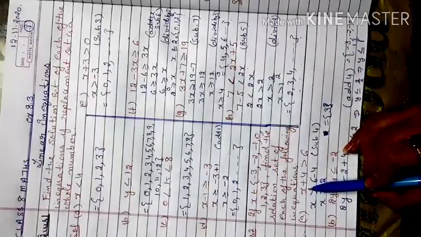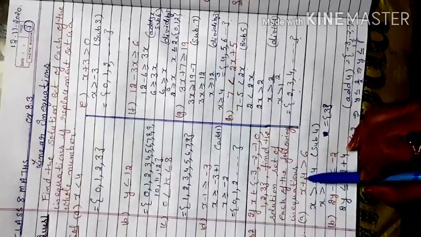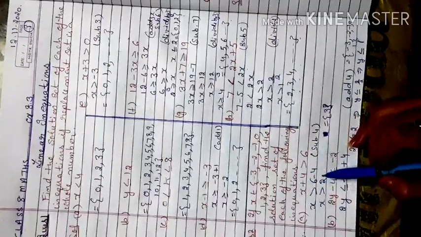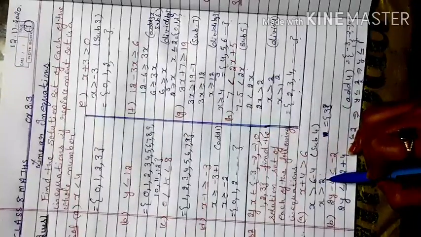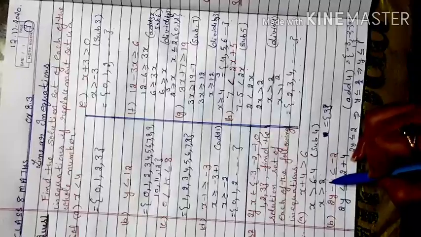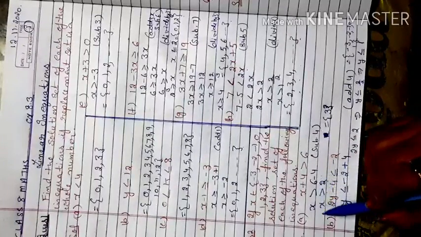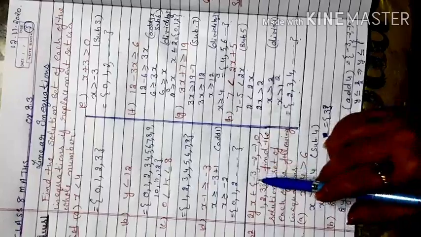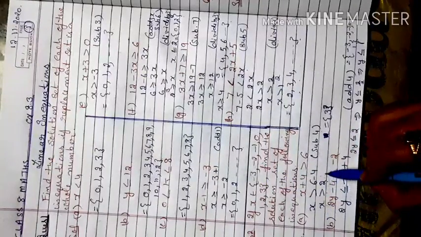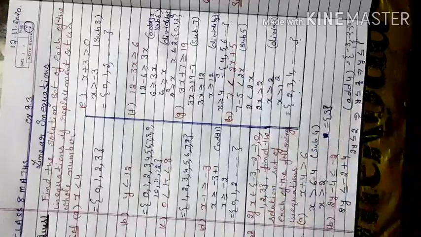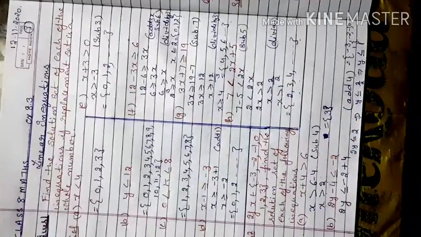So if I have x plus 4 greater than 6, when 4 shifts to the right side, the sign will be changed, so I mention it here, subtract 4, 6 minus 4 gives me 2, that means x greater than 2. When I write the solution set, I will look in my universal set mentioned in my question, how many values represent greater than 2. So only one value, that is 3, is my solution set.